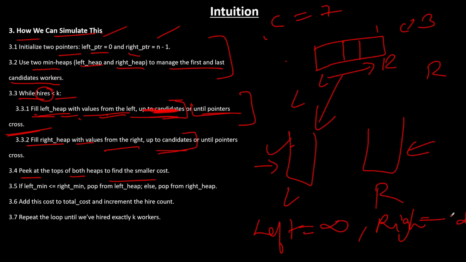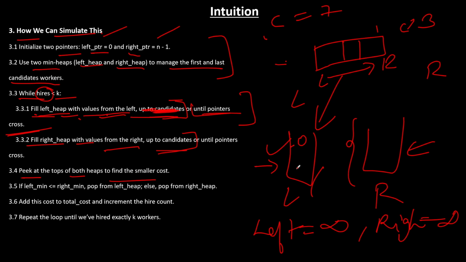Why infinity? By chance, taking the case where the C value is greater than the size of the array, this heap gets filled up but the other remains empty. If it remains empty and you pop some values from here, you have to compare with the right.